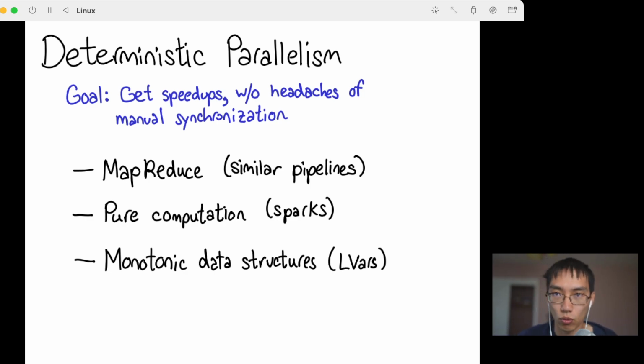And when you write your programs this way, you eliminate the ability for non-determinism to creep in. I could spend an entire lecture on this, so I'm not going to. But if you want to read more about it, you can check out Lindsey Kuper's work on LVars, for example, which are this kind of idea.